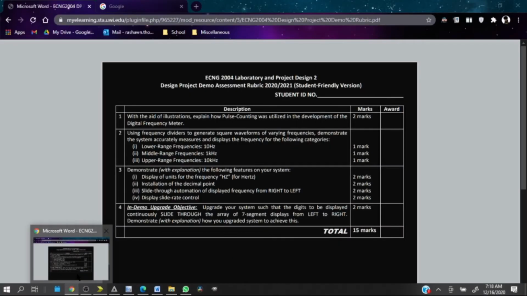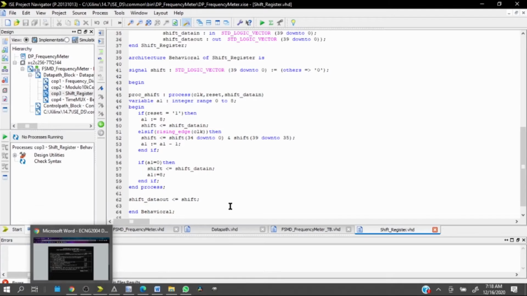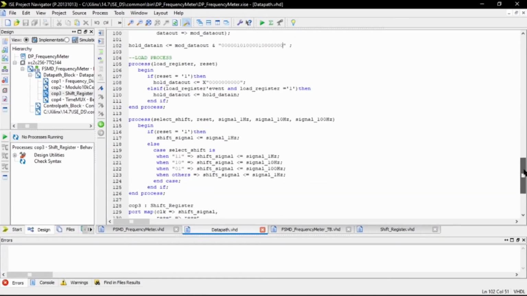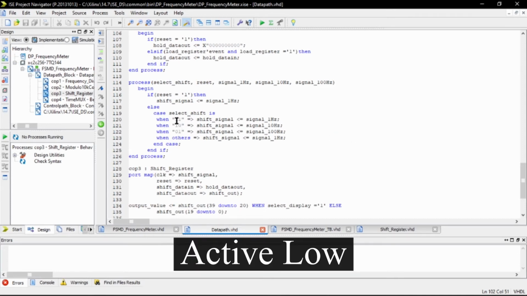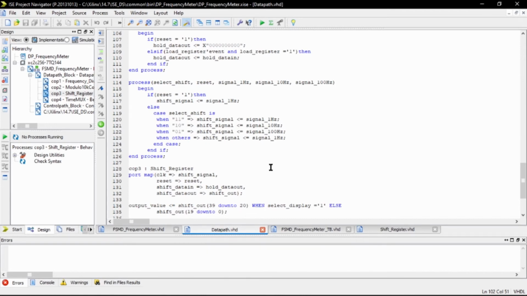And for the slide rate control, I can demonstrate it here in a simple process, a case statement. First of all, I should explain that select shift is the signal in the system that controls the rate of the sliding.